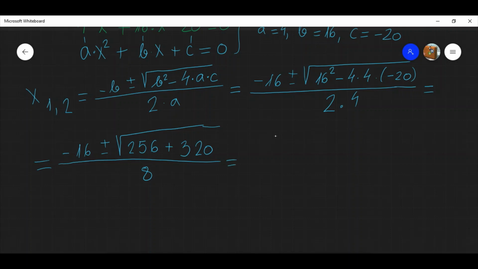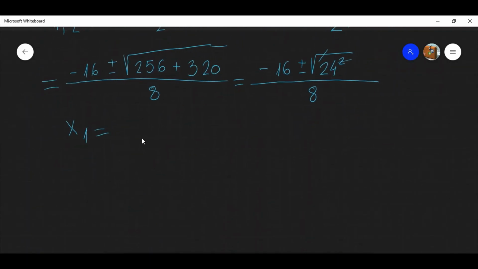Minus 16 plus minus, here all this will be 24 in power of 2, and here we have 8. Here this and this will simplify, and in the end we will have the two solutions.